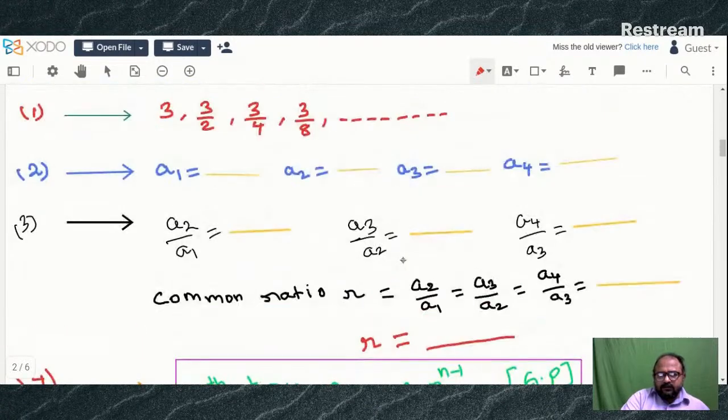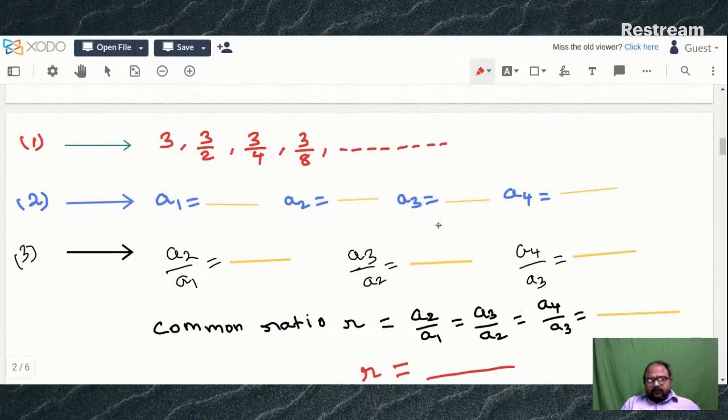from the given problem, what is a1 here? It is 3. I would like to fill up this. You should do it yourself. And what is the second term? 3 by 2. What is the third term? 3 by 4.